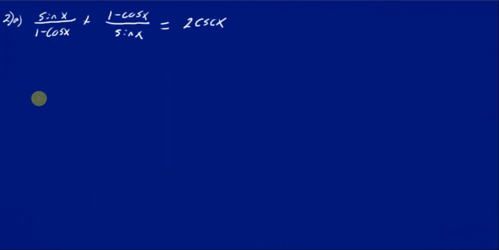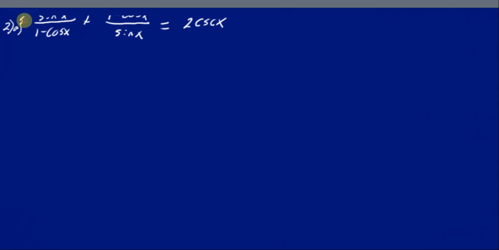Okay, number 2, of course, verifying the identities is nobody's favorite. Well, basically, I've got two fractions here. I'm going to go ahead and add those together by taking a common denominator. So the first one needs to be multiplied by the sine of x over the sine of x.